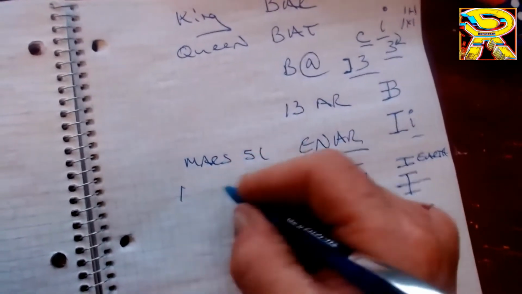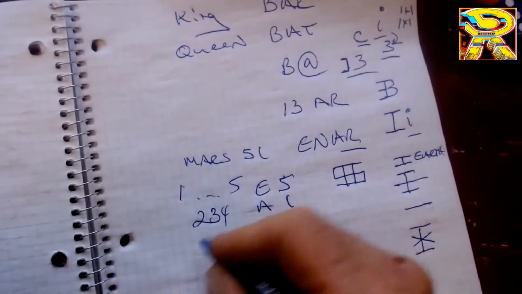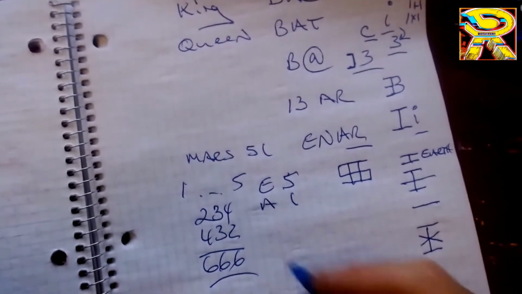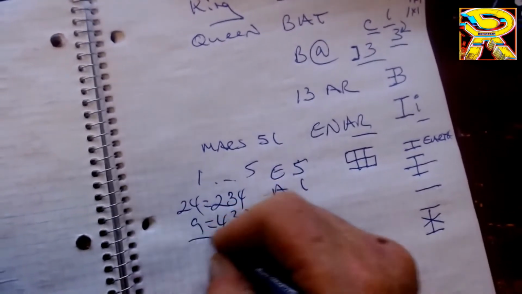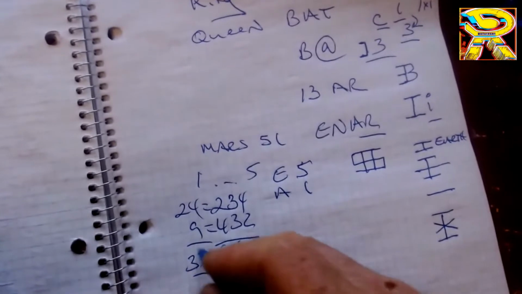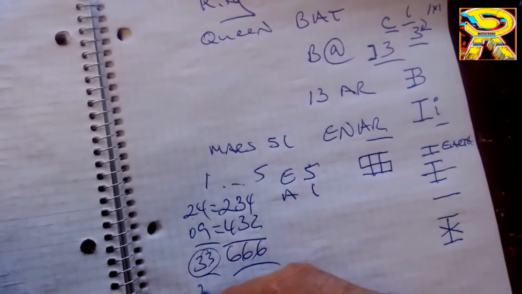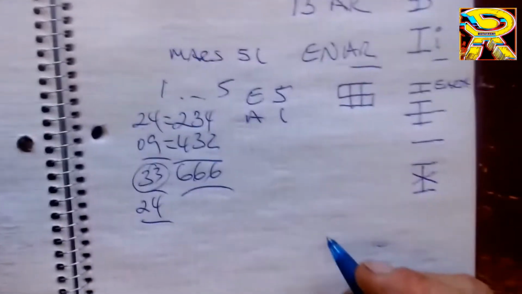The separation between 1 and 5 is 2, 3, 4, 4, 3, 2, 6, 6, 6. 4 times 3 times 2, 24. 4, 3, 2 equals 9, 33 rotation in the sun, another 6. And it also equals a repetition of 24. 9 would just repeat the last number.